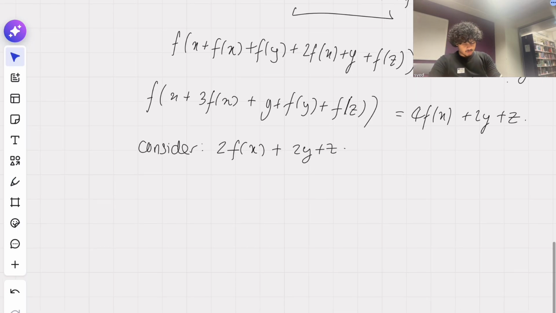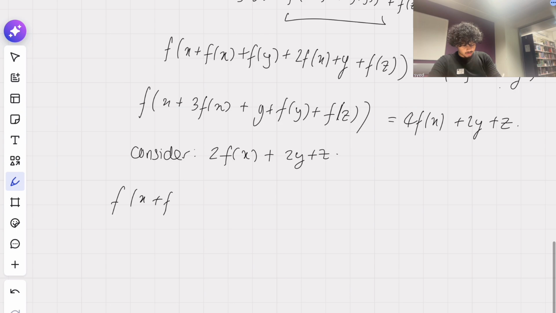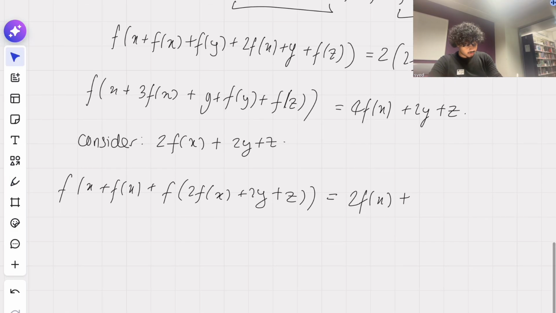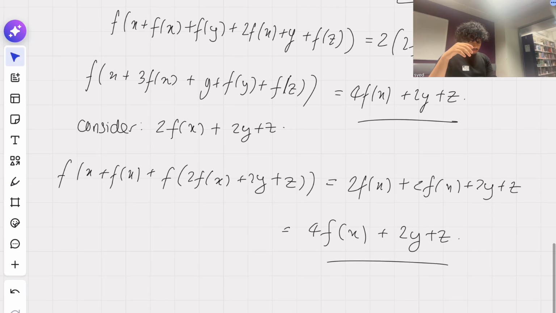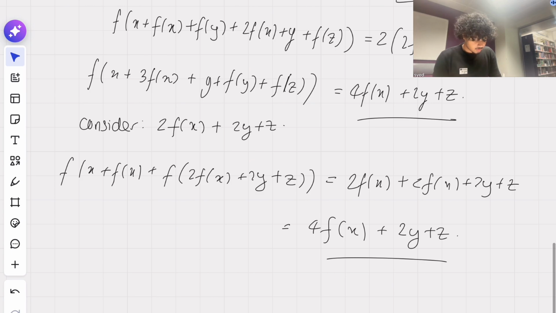So f of x plus f of x plus f of 2f of x plus 2y plus z is equal to 2f of x plus 2f of x plus 2y plus z, which is equal to 4f of x plus 2y plus z. Now that we have this, this is the exact same as this, and thus we have made a very smart consideration, and we can equate these, since these two are equal.